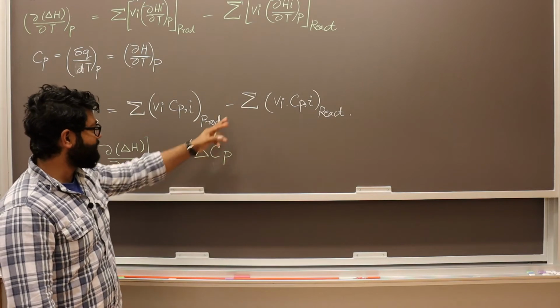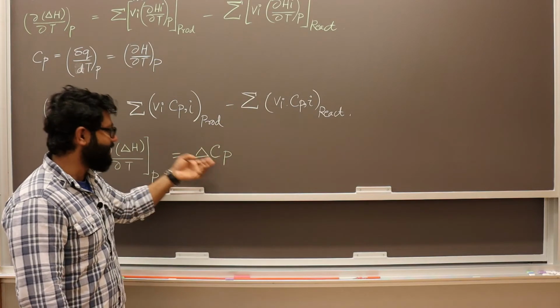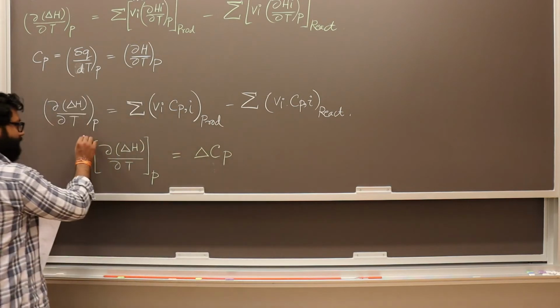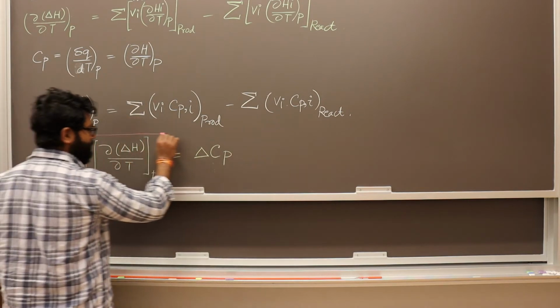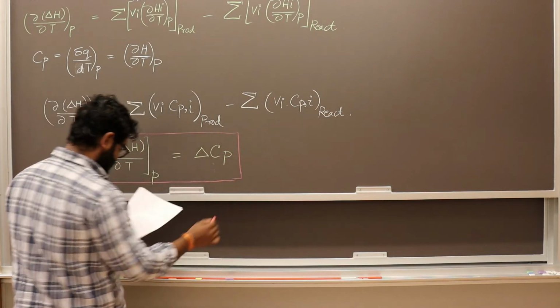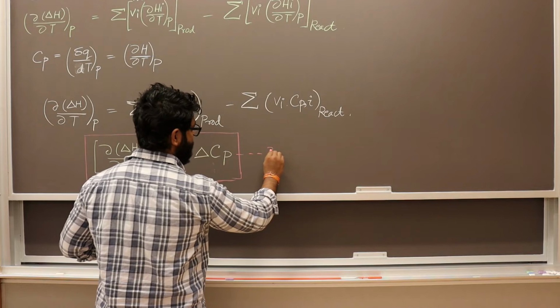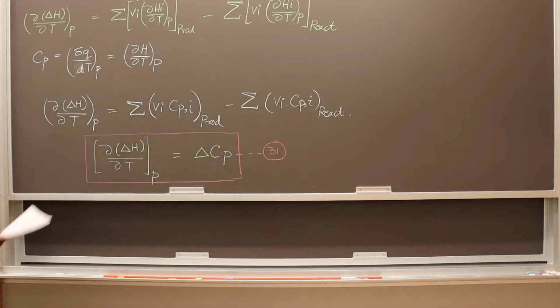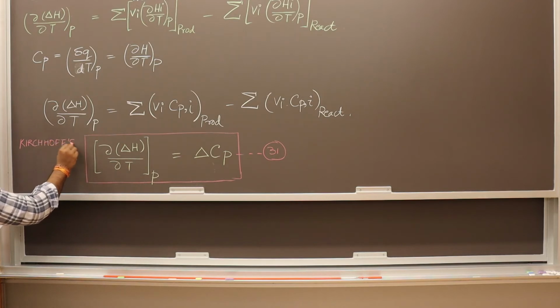It is an easier way of representing this. So we got this equation, let us number this as 31. This equation is called Kirchhoff's equation.